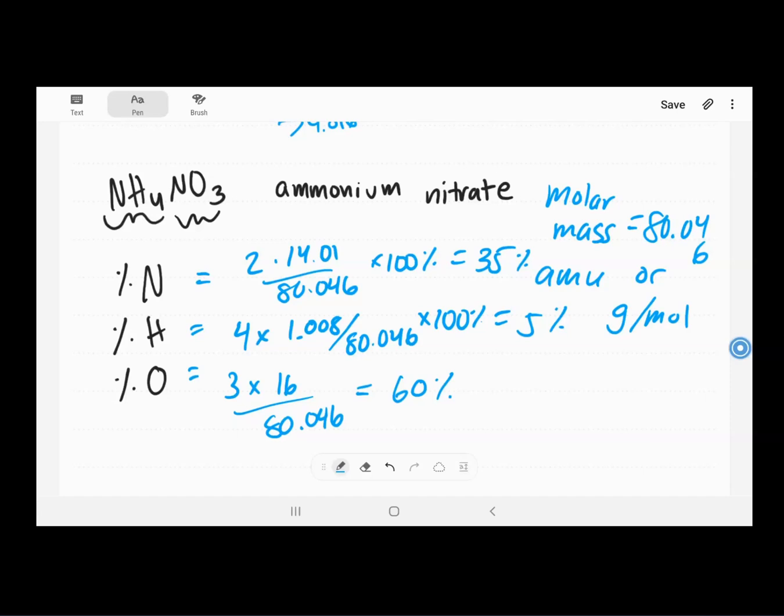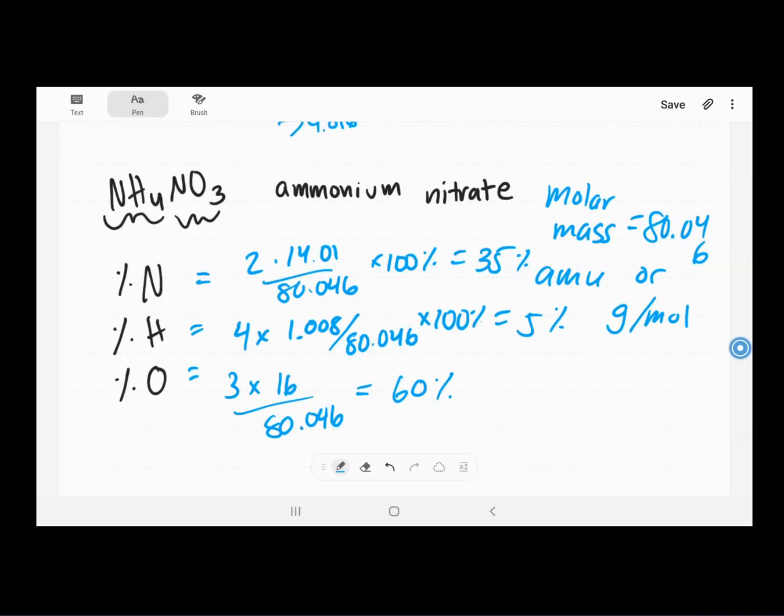Alrighty, anybody have any questions on this mass percent stuff, by the way? Alright, that means I've got to check it now. Okay, so 2 times 14.01 divided by 80.046.